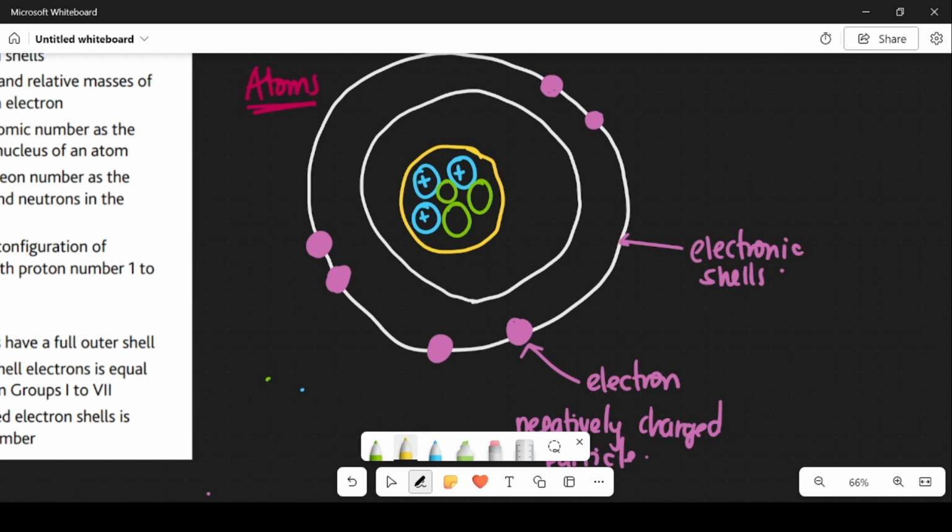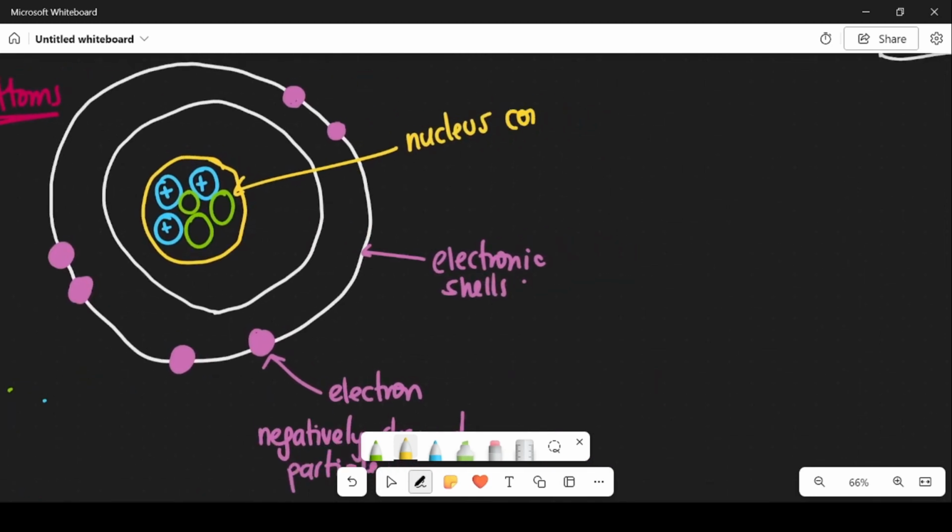But in general, this is your nucleus, and the nucleus is what contains the proton and neutron.